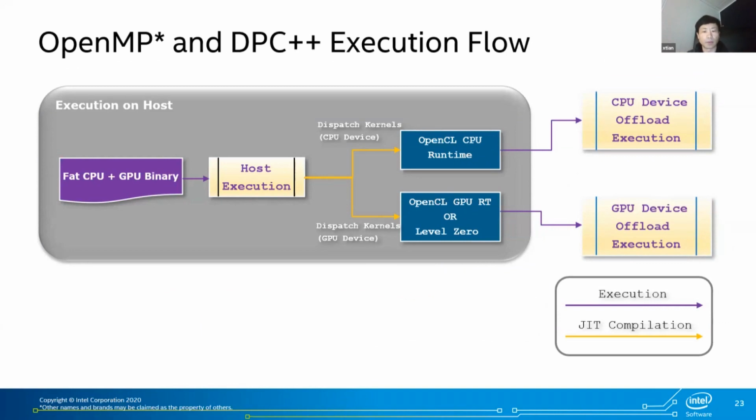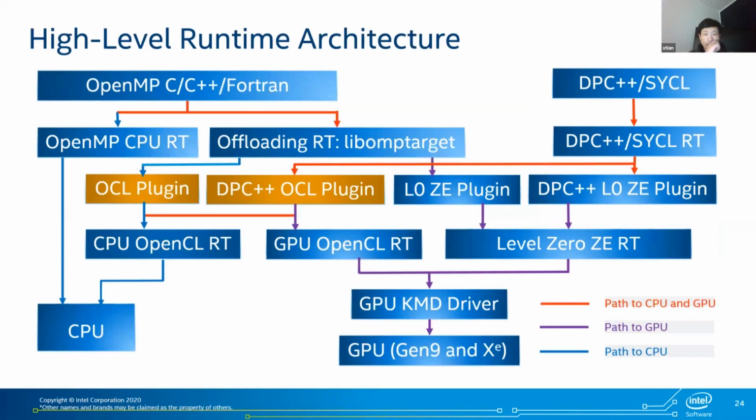Then we generate the executable to run on the different device or hardware. Another thing is we're also working with the community, for example on the OpenMP offloading runtime API library. Intel has been very actively working with the community, including Johannes, IBM, and NVIDIA. There are a lot of people involved.